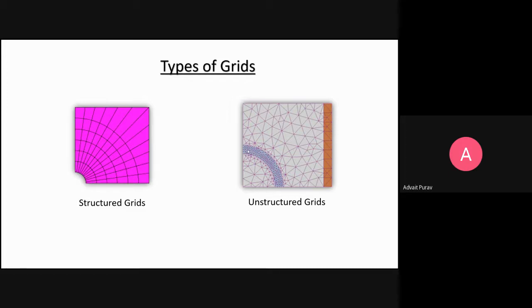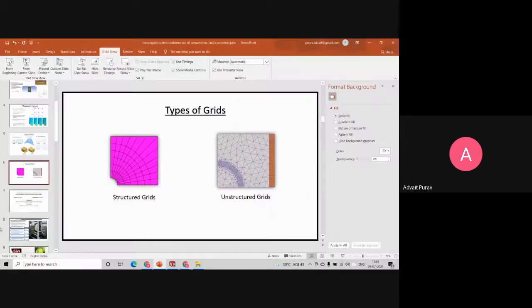You are not getting the same mesh size for the entire domain or part. That is why unstructured grids are used mostly everywhere. Structured grids are used quite rarely, when the parts are quite simple, or maybe it's a simple hexahedral meshing. You will use structured grids when the complexities or intricacies are not that high. So in the majority of meshing simulations, you use unstructured grids only. So that is the thing.